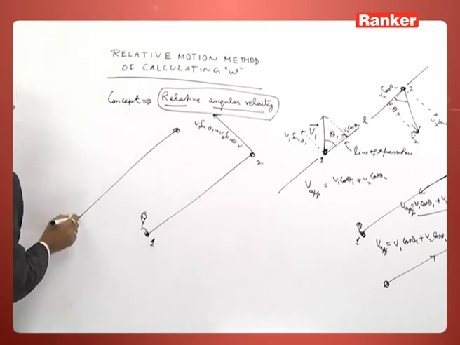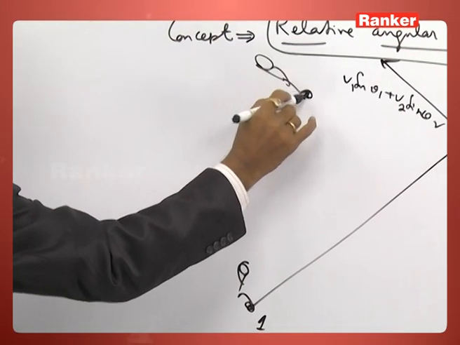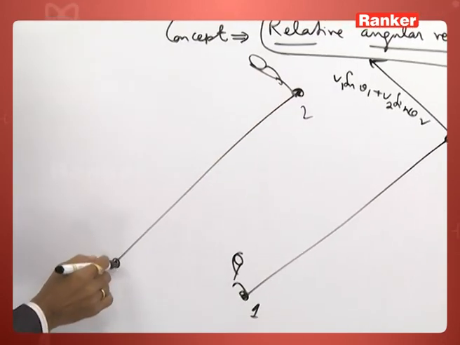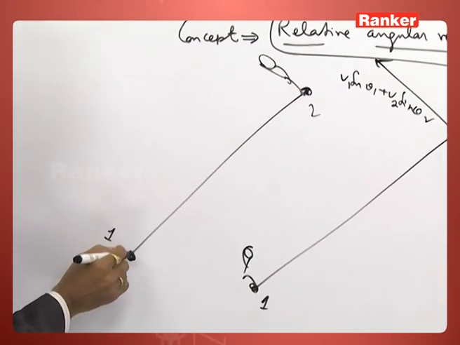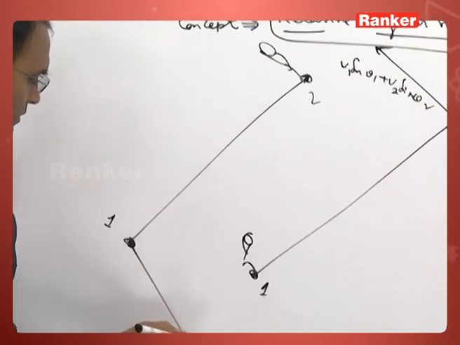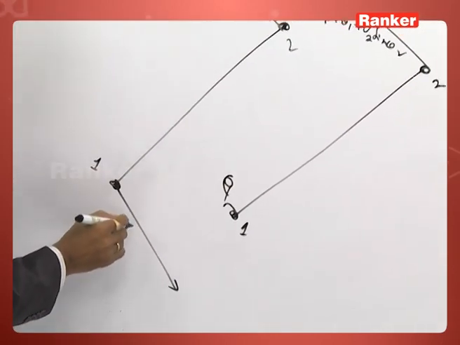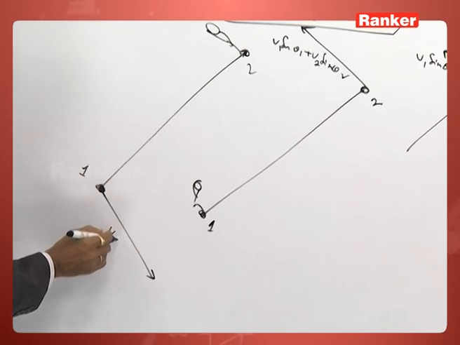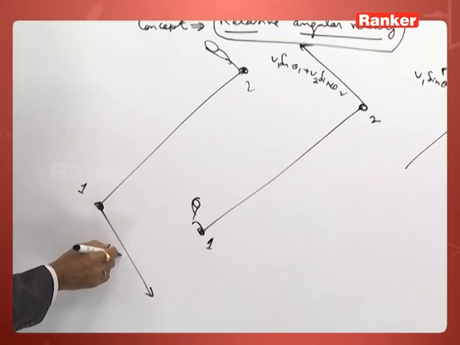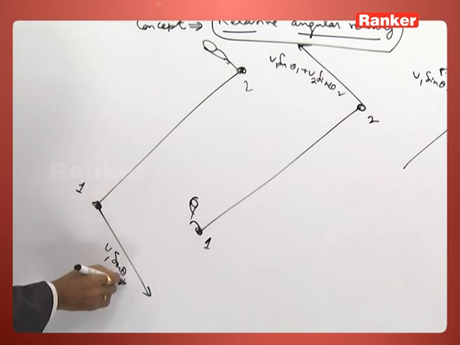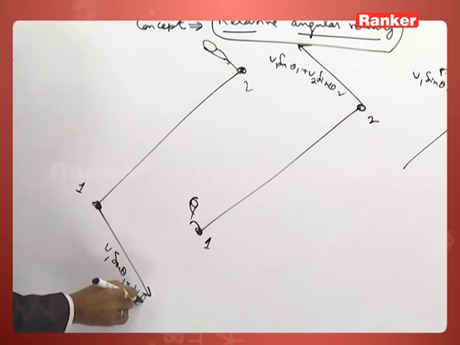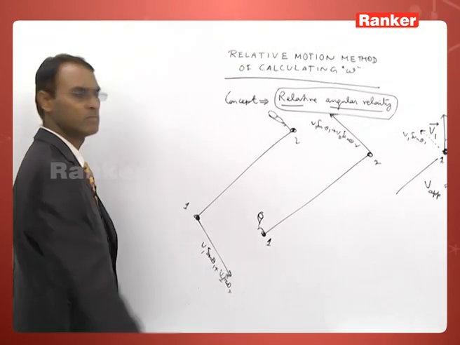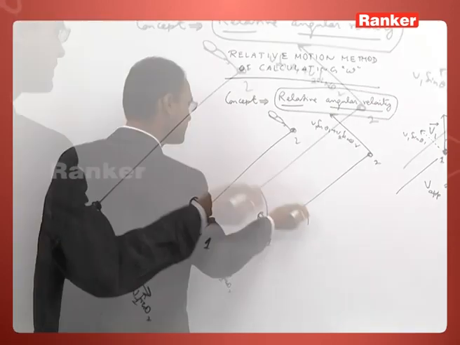If you stand on this particle 2, you can say that particle 1 turns around you with the same speed, V1 sin theta 1 plus V2 sin theta 2. So, this is called turning.